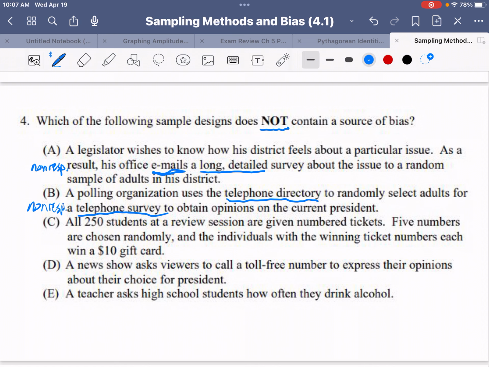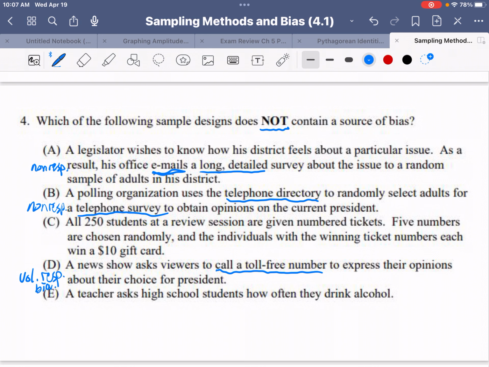All 250 students at a review session are given numbered tickets. 5 numbers are randomly chosen, and the individuals with the winning ticket numbers each win a $10 gift card. Okay, I feel kind of good about C. A news show asks viewers to call a toll-free number. Oh, that's going to be voluntary response bias.